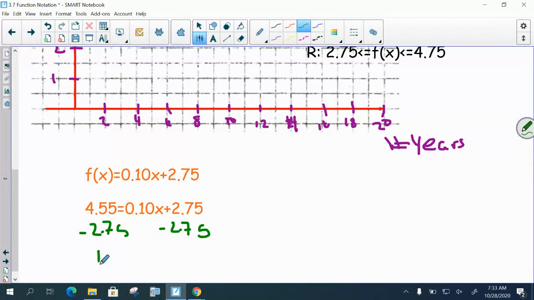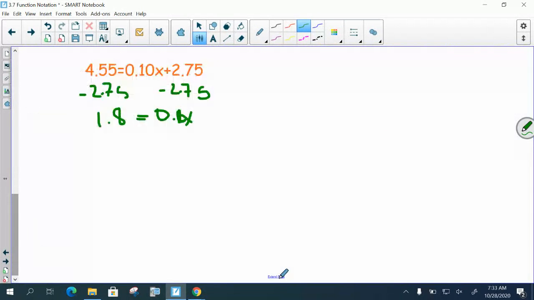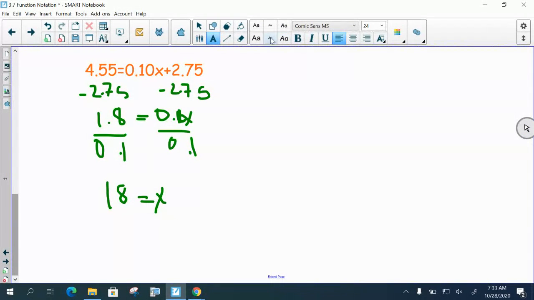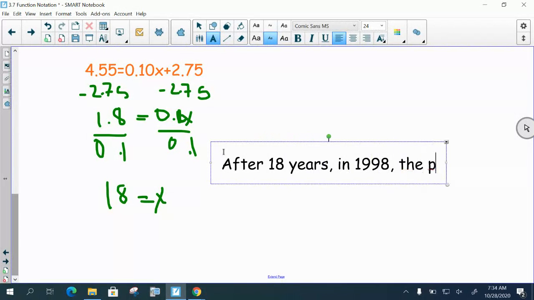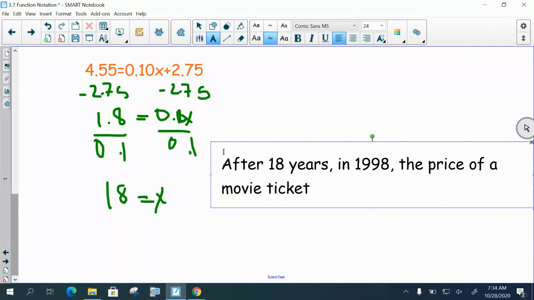Okay, so this would give us 1.8 equals 0.1x, and then divide that by the 0.1, and that would give us 18. So that means, because it did say to explain what it means, after 18 years, so in 1998, the price of a movie ticket was $4.55.